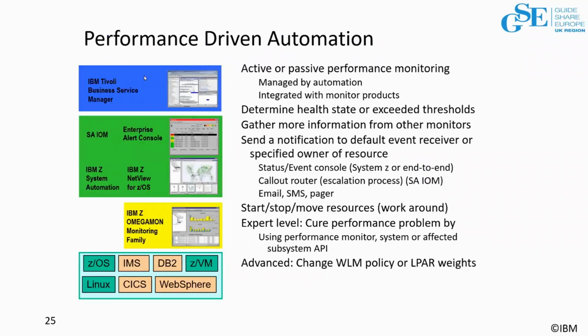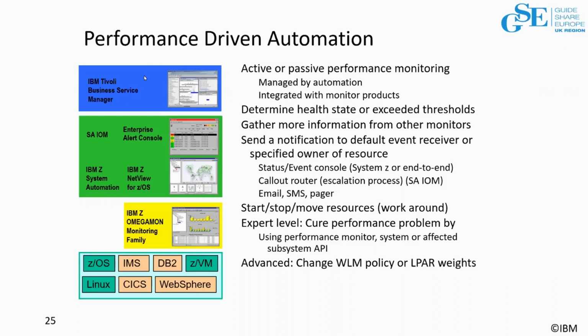So again, performance-driven automation can be active or passive. We're using it to determine the health state or whether thresholds have been exceeded. Having determined a health state, you can then go off and question other monitors to get additional information. You can send a notification to whatever your enterprise alert console is, or to a specified owner of the resource.